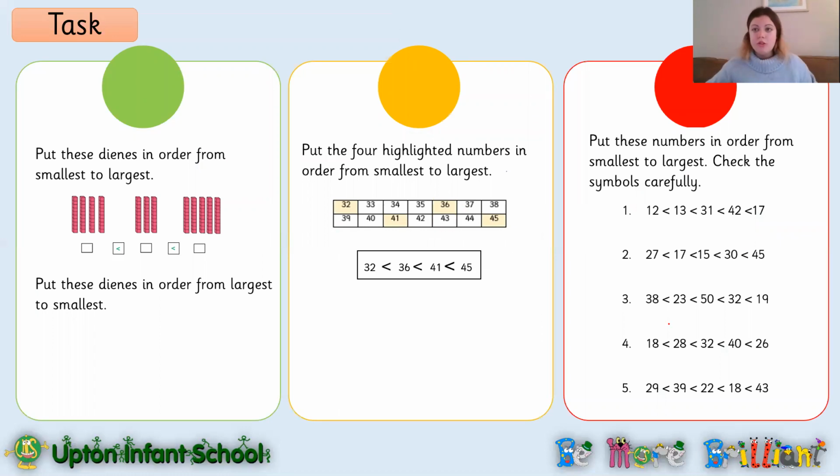So moving on to our task now. If you want to go back and watch the video again before you do these tasks, then that's absolutely fine. Or if you want to get going with your tasks, they'll take about 20 minutes. So if you want to do the green challenge, you will be putting these tens in order from smallest to largest, or you might be putting them in order from largest to smallest, depending on what the question asks you to do on the other screen.